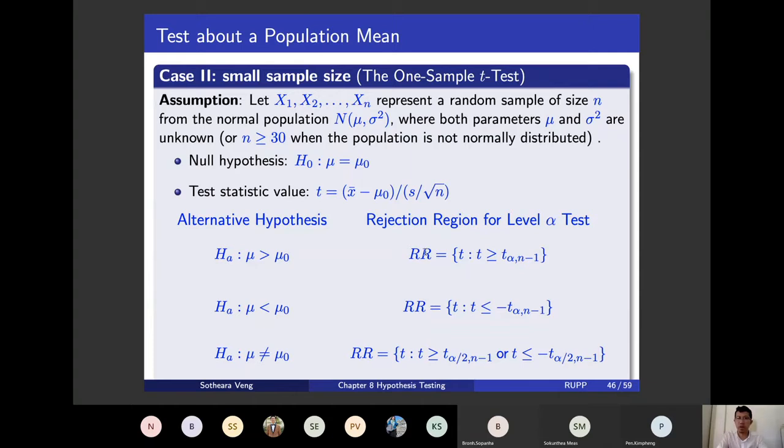You conjecture that it equals a certain value, and then you try to find some evidence to support your claim about the population mean. So you're trying to find evidence to support your claim. The evidence in this case is the data you collected, right?